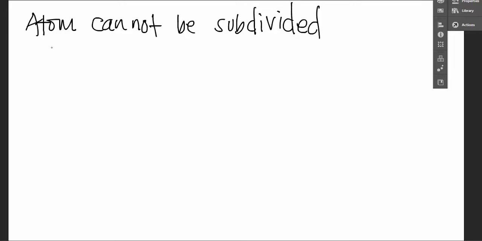So the atom is the smallest particle that the matter is made of.